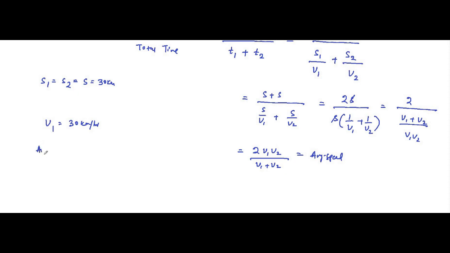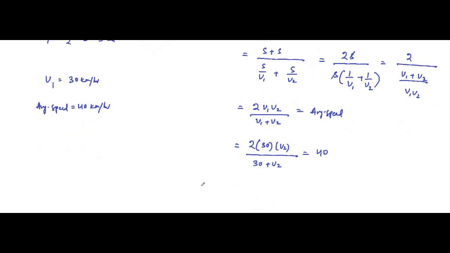So we'll substitute the values: 2 into 30 into V2 by 30 plus V2, which is unknown, is equal to 40. That implies 60 V2 is equal to 40 into 30 plus V2.